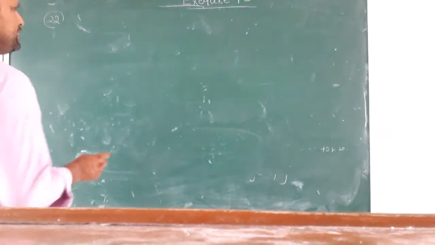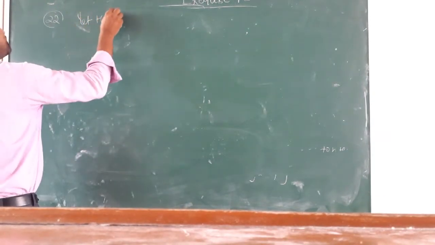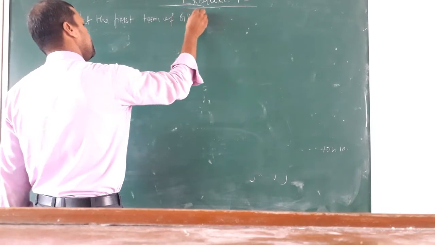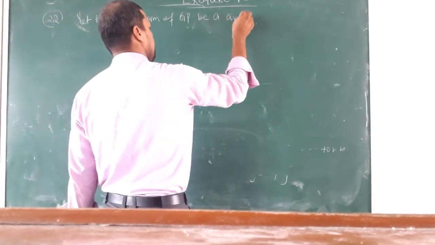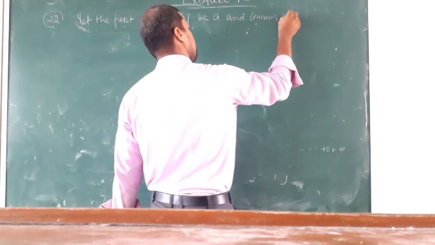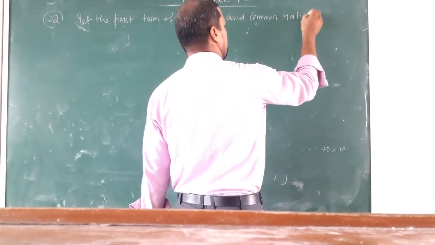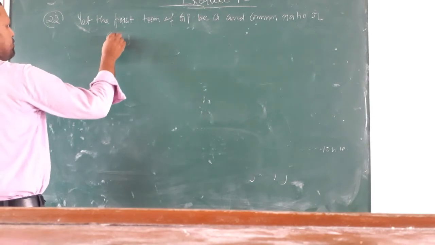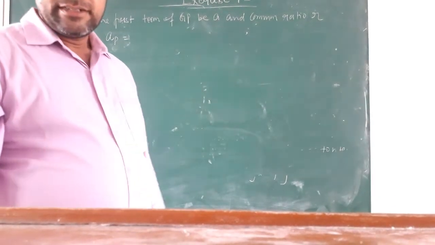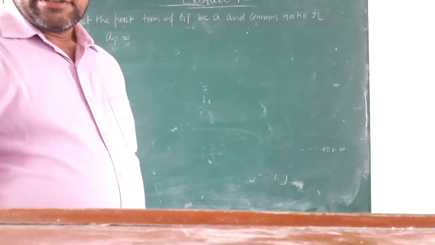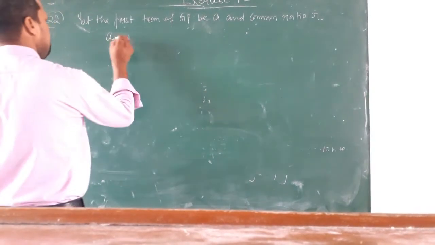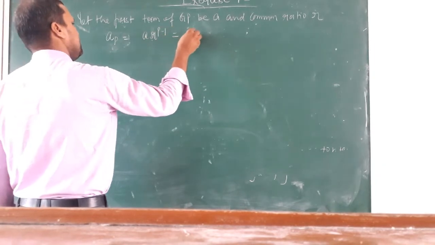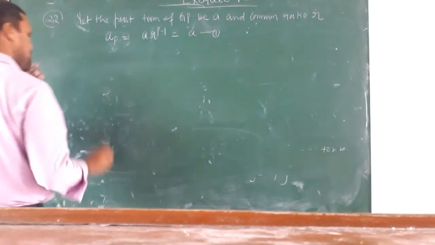Let the first term of the GP be A and the common ratio equal to R. It is given that the pth term is a, so the pth term is A R to the power p minus 1, equal to a.